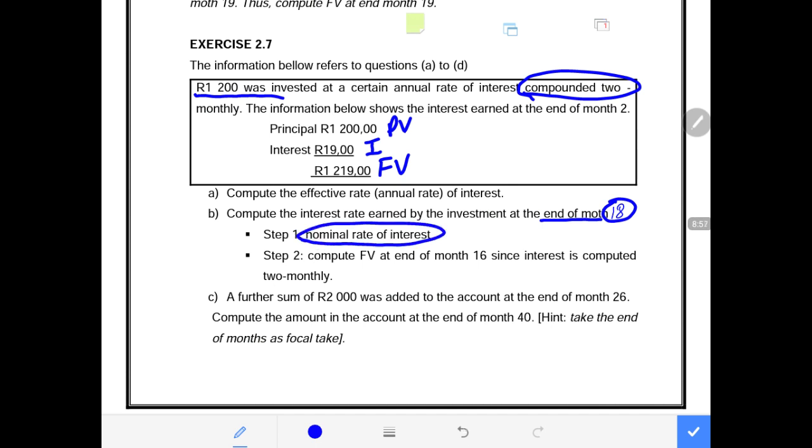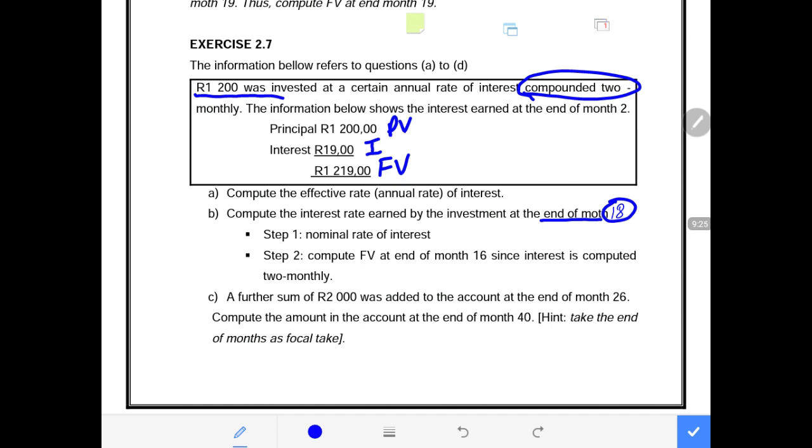Then after we are done with the calculation of the nominal rate of interest, we need to calculate the future value at the end of month 16, meaning a period before the 18th month. Because remember, 2 months it will be 2, 4, 6, 8, 10, 12, 14, 16. So the next interest will be earned from the end of month 16 up until the end of month 18, which is a 2-month period.